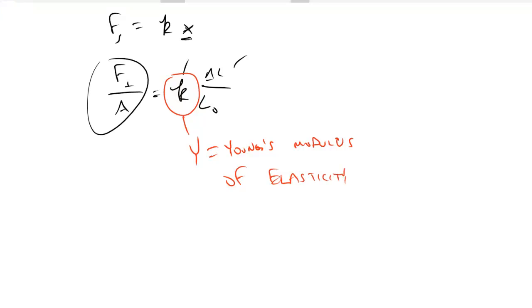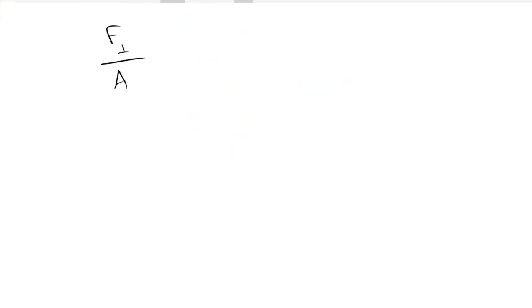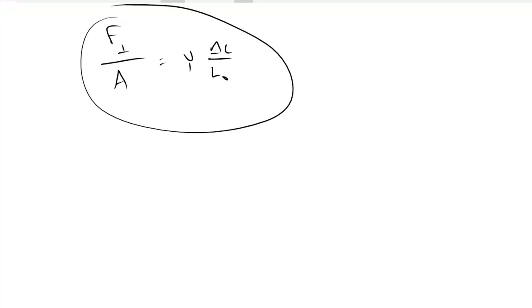And so what this becomes is that the perpendicular force per area is equal to Young's modulus times the change in length divided by the original length. And so this is basically Hooke's law rewritten for like stretching metal wires or something like that.